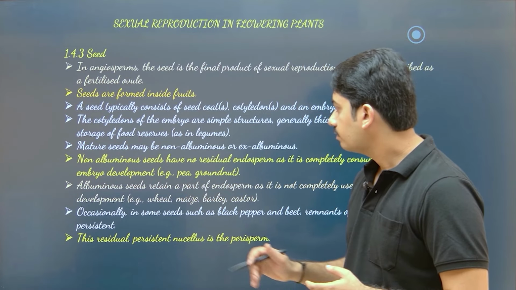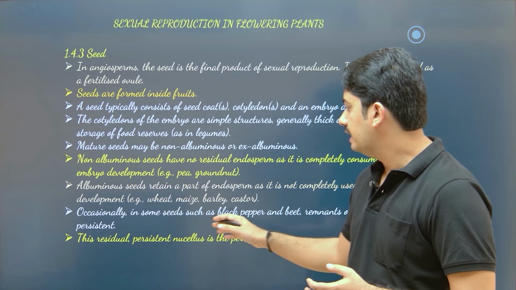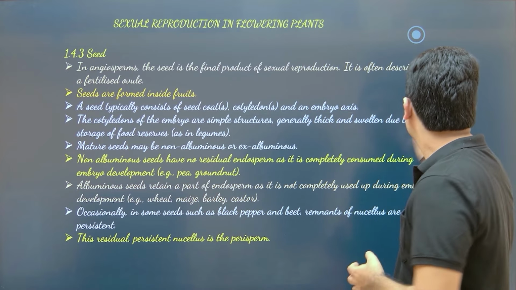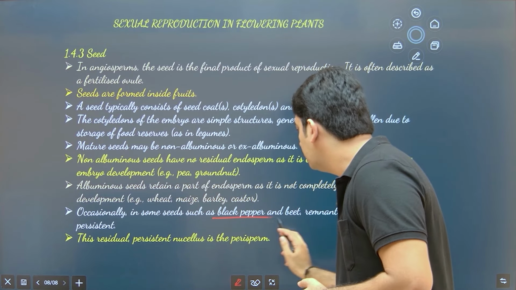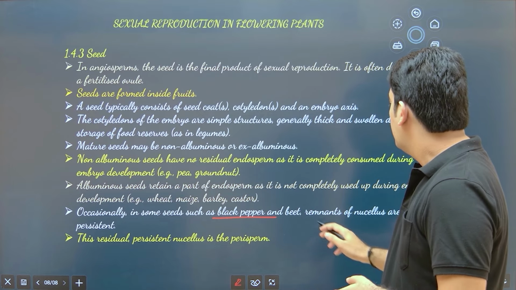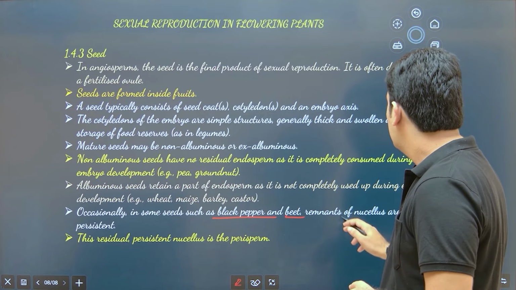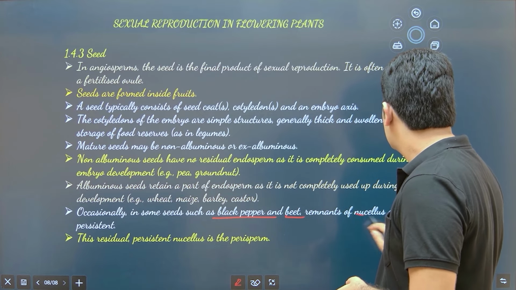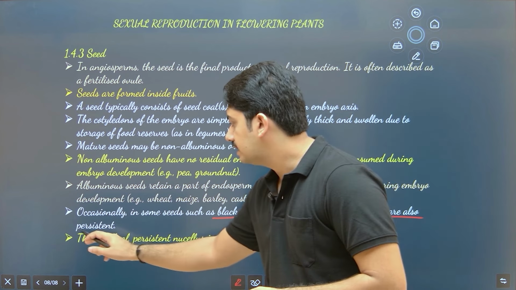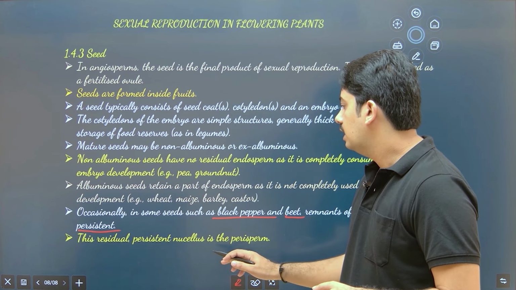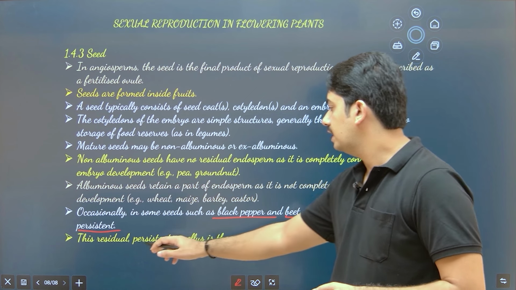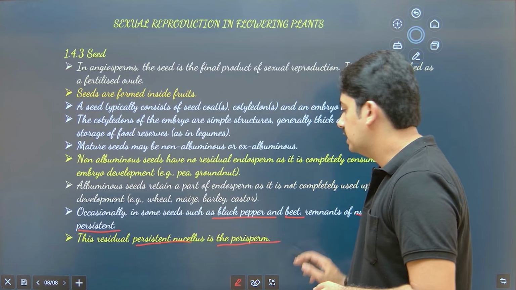Occasionally, some seeds such as black pepper, this is one exception. Please do remember, very important example. In black pepper and beet, remnants of the nucellus are also persistent. The terminology used for this remnant nucellus or persistent nucellus is perisperm.